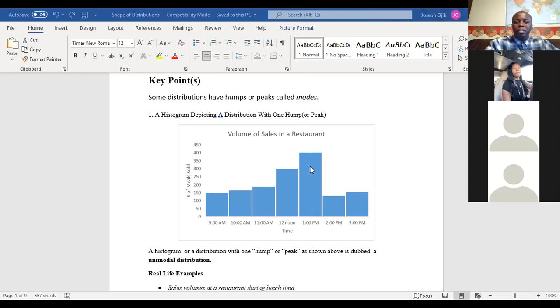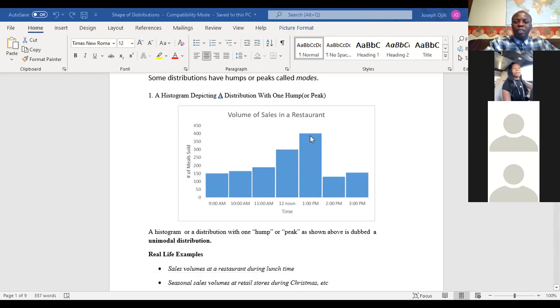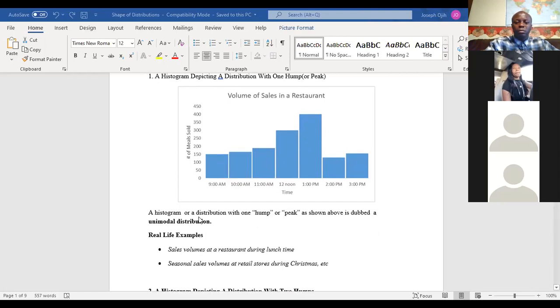That peak is what we call the mode. A distribution that has only one of those peaks, one mode, we call a unimodal distribution, because it has one mode.